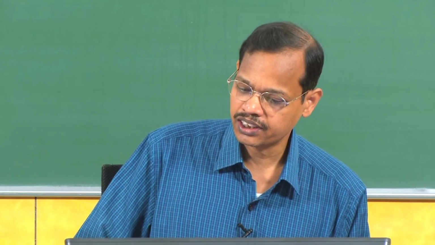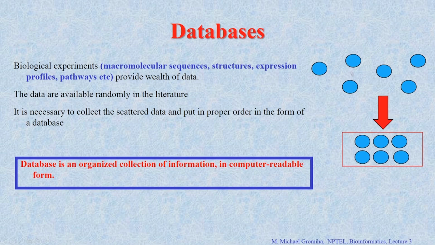So, it is very important and necessary to collect all the information and put it together in a computer readable form. Earlier days we used to collect the data and keep it by ourselves. Currently, due to advancements in computing and transferring files, it is possible to share the data with the public. If the data are scattered here and there, published in different journal articles, it is a pain to collect all the data.